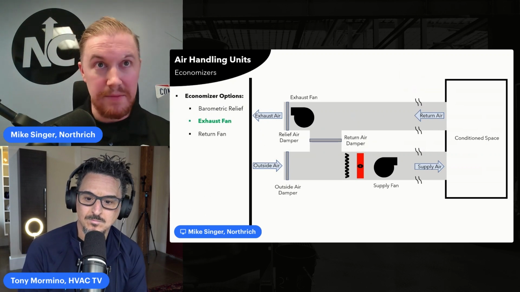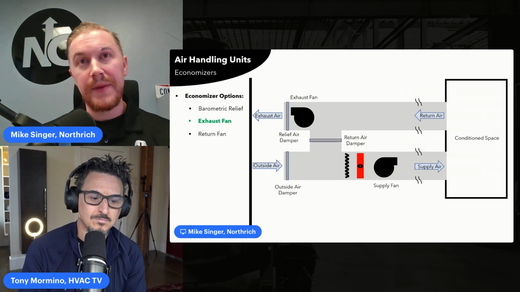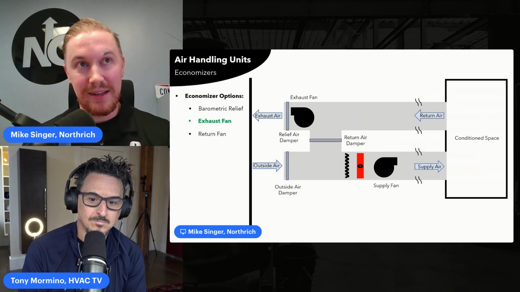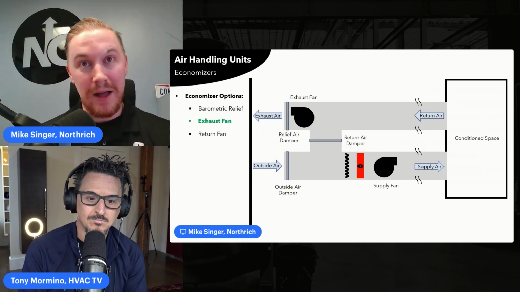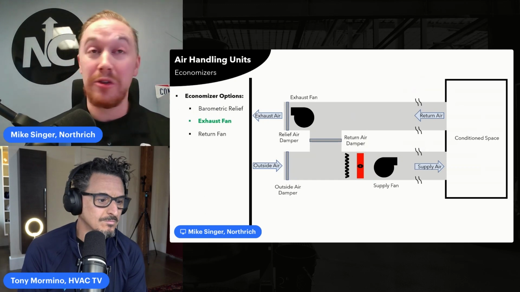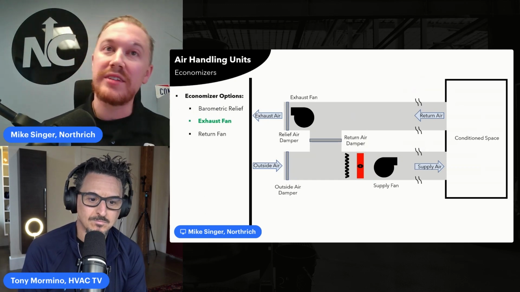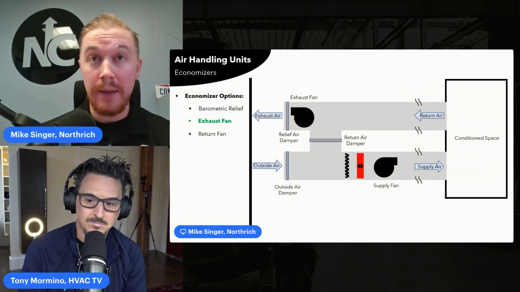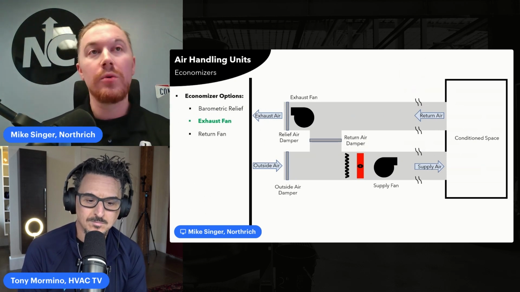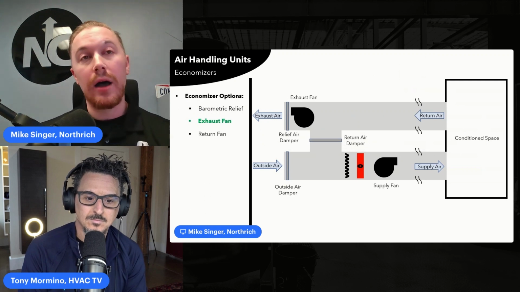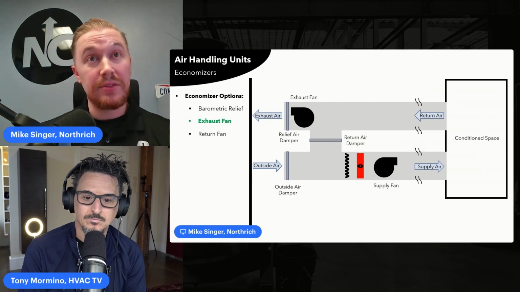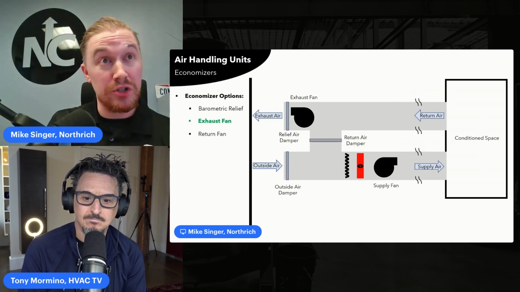The important takeaway for specifying engineers to understand is that our supply fan still has to be sized for the supply ductwork drop and the return ductwork drop. We'll size the exhaust fan for our exhaust and the return ductwork drop. So we have a little bit of an overlap there, which allows us to move into economizer mode and let the exhaust fan maintain or cover the drop of the return ductwork.